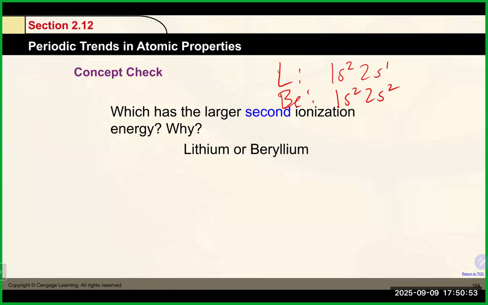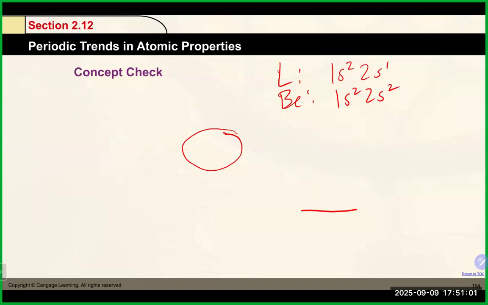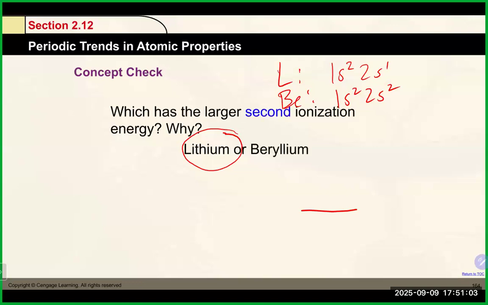So in this case, we should go with lithium. Lithium should have the higher second ionization energy.